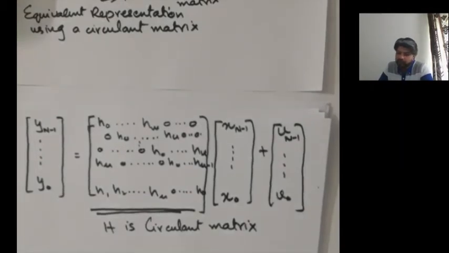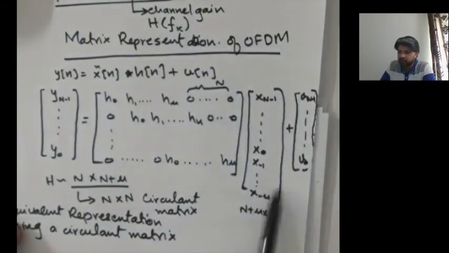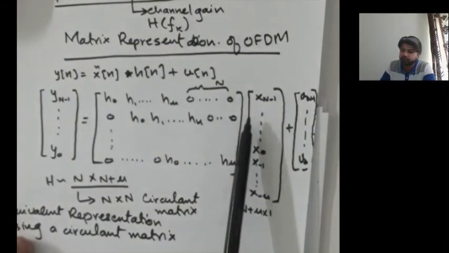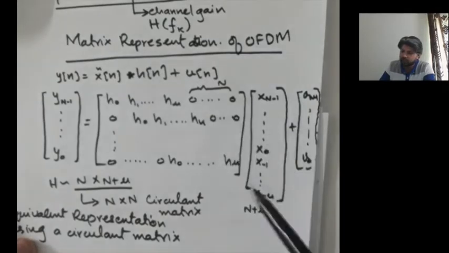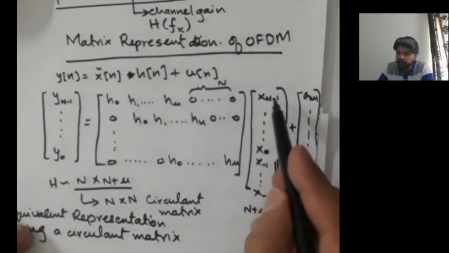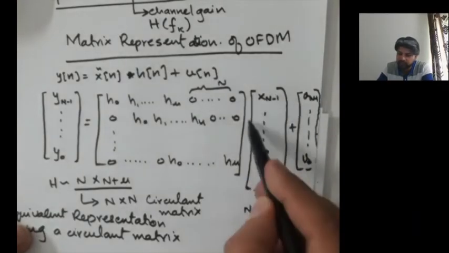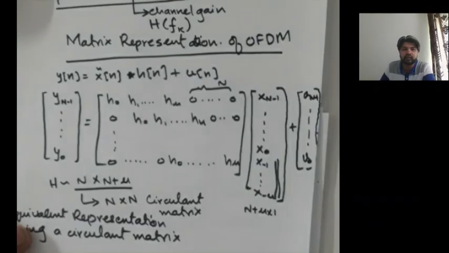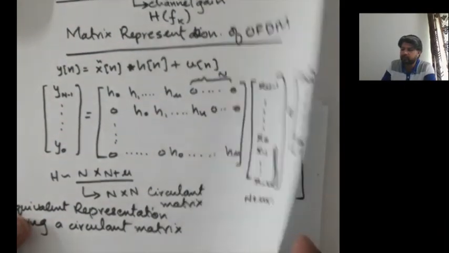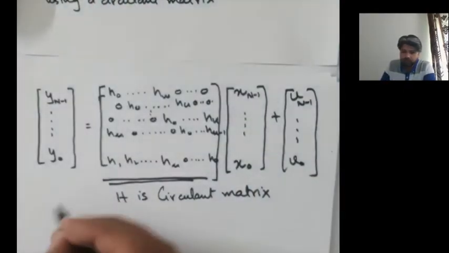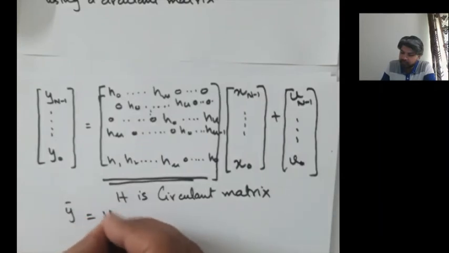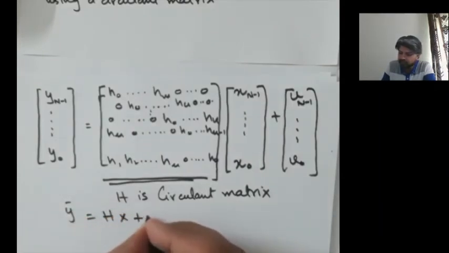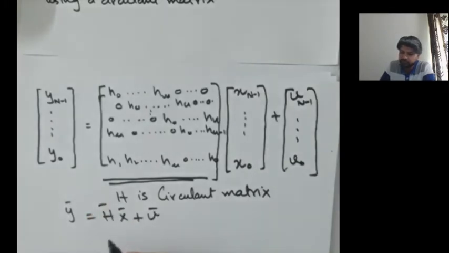You can think about it, and you can see that because of the cyclic prefix, because of the fact that these mu samples are the same as the first mu samples of this x, this would work. Otherwise it won't have worked, right? These mu samples here are the same as these first mu samples, and that is why this circulant matrix representation can work here. Otherwise it won't have worked, right? So you have this y vector is H times x plus v, where H is a circulant matrix.